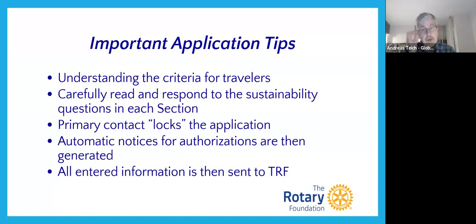We're having a grant right now where we're having some difficulty with who we thought was our host, and they're not locking the application, and so it's kind of hanging out in limbo. There are automatic notices for authorizations that are grant generated. So the people who need to lock the application will receive the word to do that. And then once all of that is done, the information is sent to the Rotary Foundation, TRF, and it goes through there. Next.